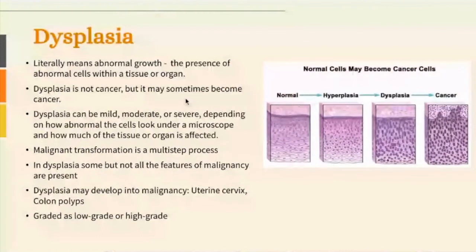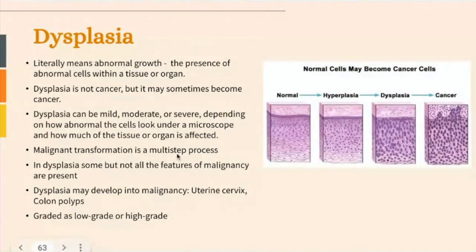And you also have to understand dysplasia, which means abnormal growth, the presence of abnormal cells within the tissue or organ. It's sometimes cancer, but it's sometimes not. Dysplasia is not cancer, but it may sometimes become cancer. It can be mild, moderate, or severe, depending on how abnormal cells look under a microscope and how much of the tissue or organ is affected.